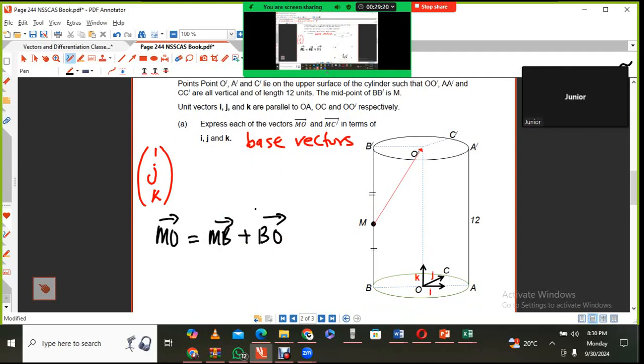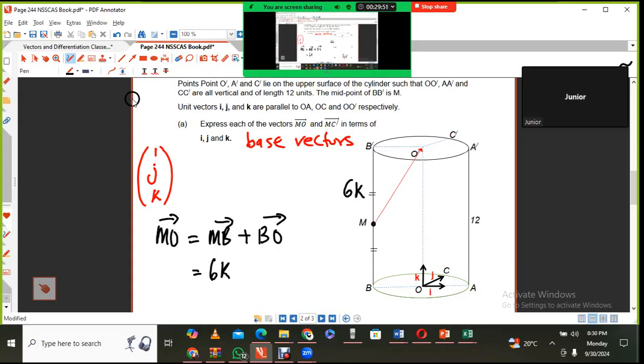Yes. Since the distance from A prime to A is 12, this is also 6, and this is in terms of K. So this is 6K. If you go from M to B, is it positive or negative 6K? Positive.